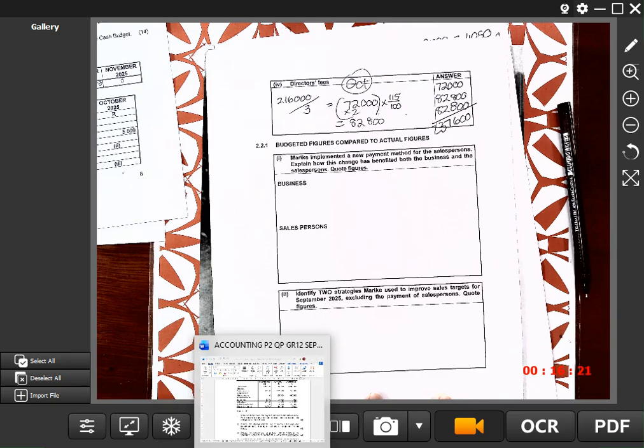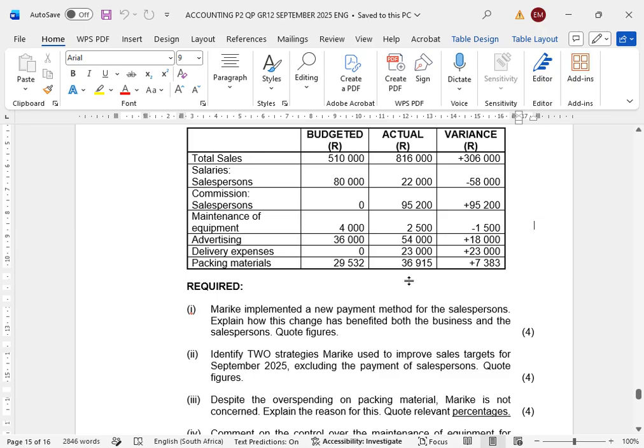Let's look. How does it benefit the business? Well, I think it would be on the total sales. Does it make sense if I say that? Can you see this budgeted, the actual sales? And I want you to write it in because I'll copy this for you.